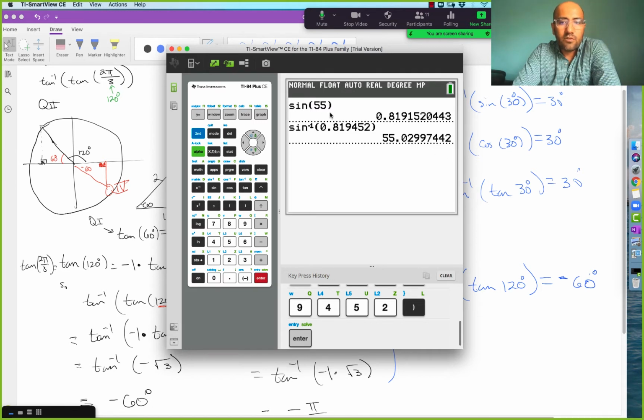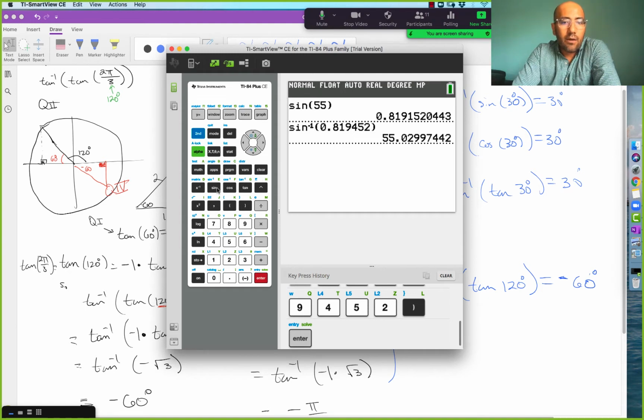The small difference is because I rounded. Basically it's a round trip. I start at 55 degrees, plug it into the sine function, it gets me to this decimal, and then I plug that decimal back into the sine inverse function. They undo each other, and I get back to where I started.